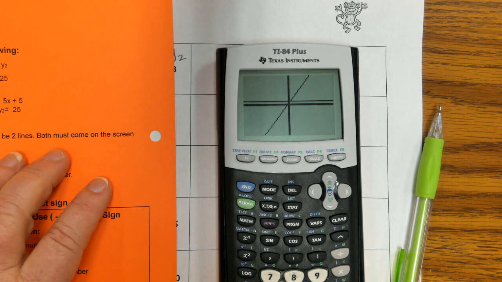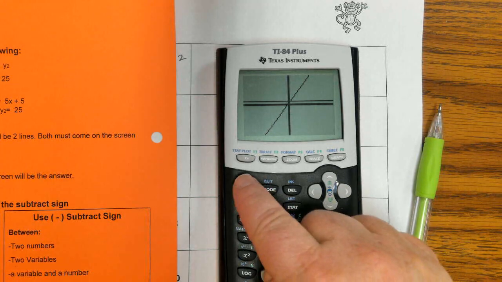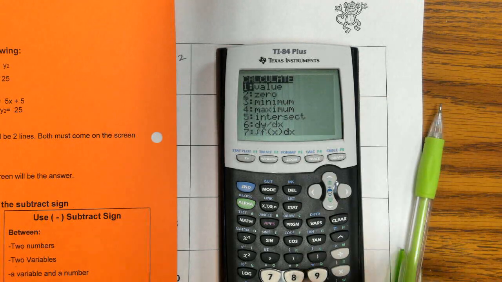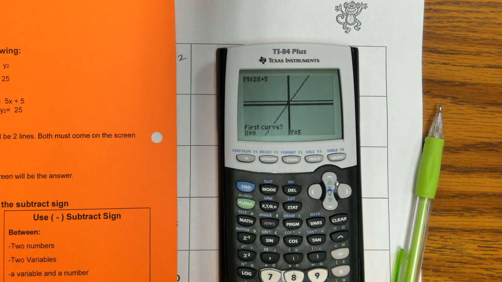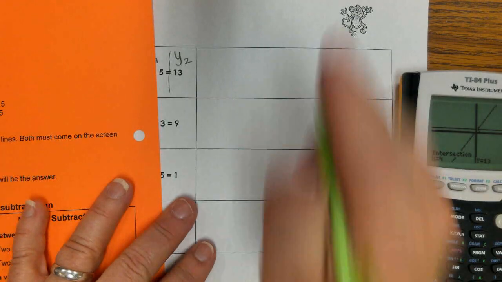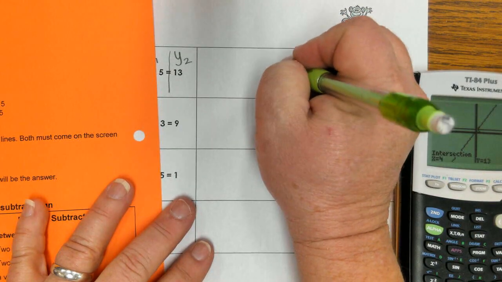So then it says here, we pressed graph, so now we push the second key, we press trace, we want the intersection, which is 5, enter, enter, enter, and it says x is equal to 4. So we're just going to write over here, x is equal to 4.